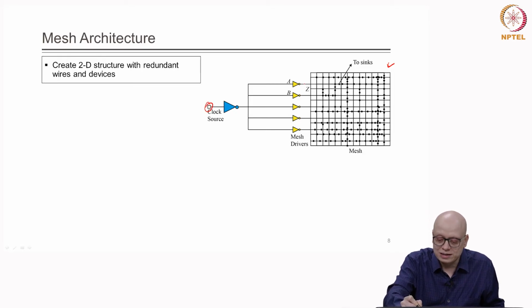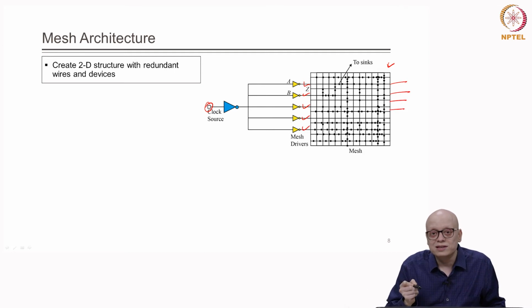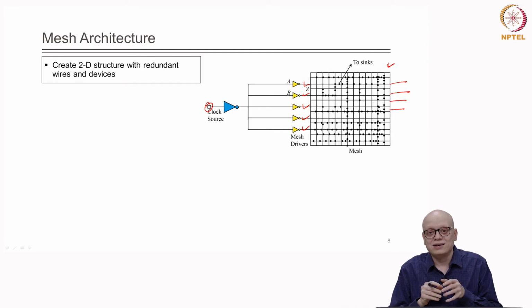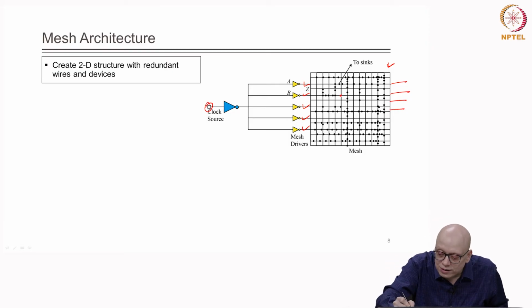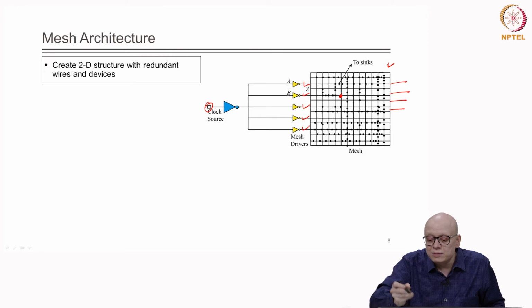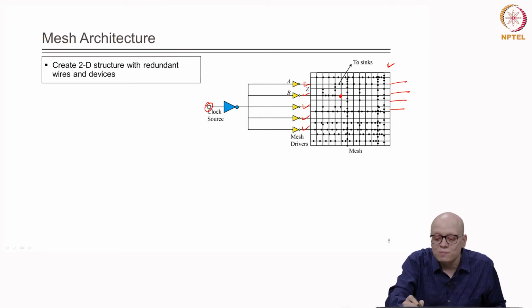So, we have shown only, say, 1, 2, 3, 4, 5 points. The clock source can be driven from this side and so on also. So, we can drive it from multiple points, and if we look at any one point in this grid, there will be multiple paths from the clock source to this point through the mesh.